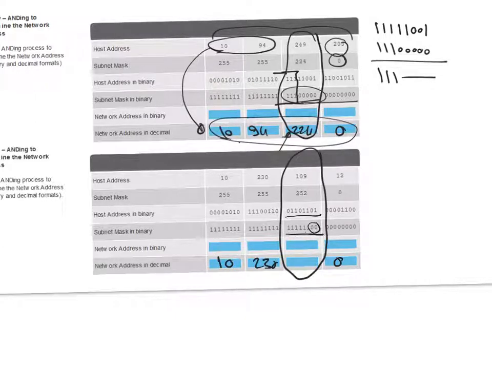Which means that all these bits stay the same. And these 2 bits become 0, 0, regardless. Right? Which means, again, I don't have to do any calculations, which means this 1 changed from 1 to 0, which means that you subtract 1. So 109 becomes 108.